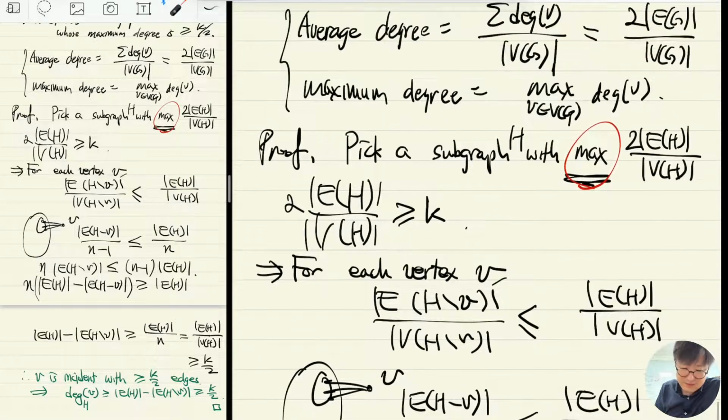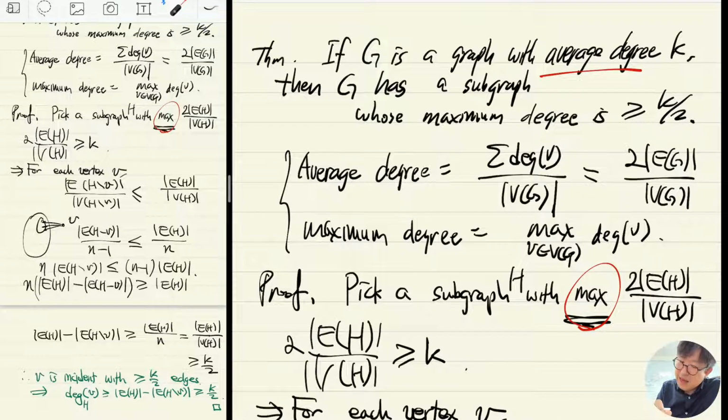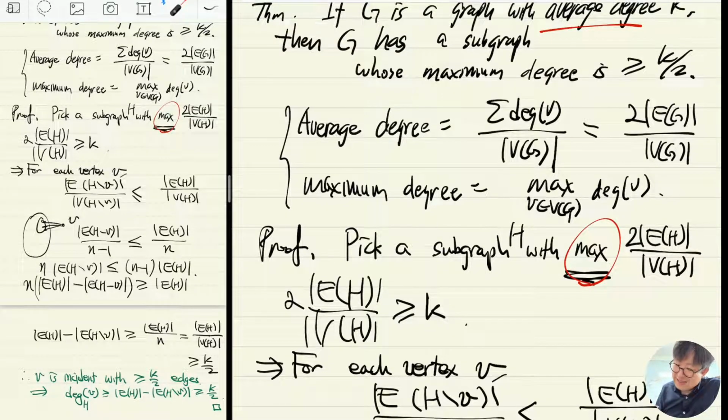If you look at this proof, what you may notice is that I didn't say how to find such a graph algorithmically, right? We just start with the assumption that among all possible subgraphs, we choose the one with maximum this number, and then magically this graph satisfies the property that you are looking for. This is common in many proofs in graph theory, and many of these proofs can be turned into algorithms.